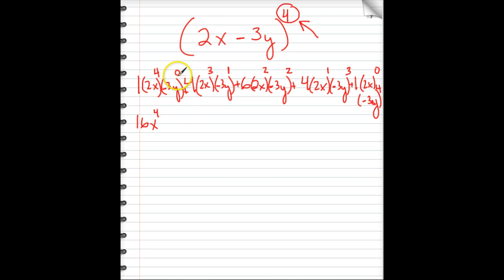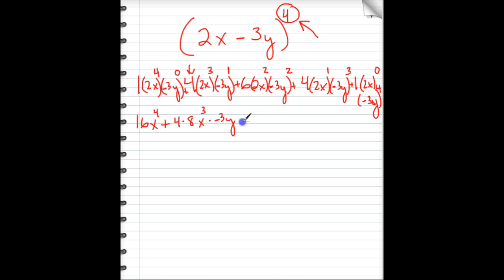Anything to the 0 power is 1, multiplying by 1 doesn't change anything. Okay, moving on. Now we have this coefficient here of 4, so we have that. And then we have 2x to the 3rd. Well, 2 to the 3rd is 8, and x to the 3rd is x to the 3rd. And then this negative 3y to the 1st, that just remains negative 3y.